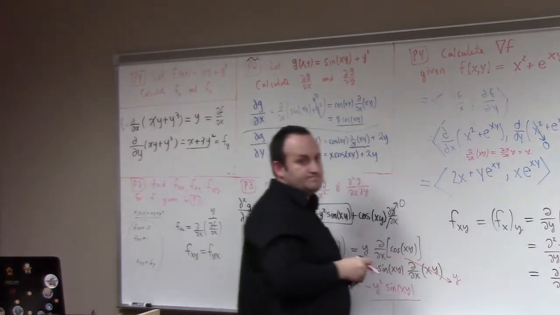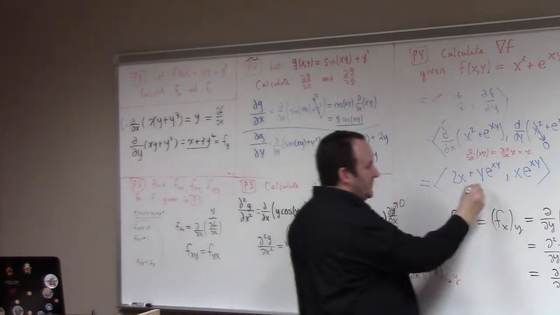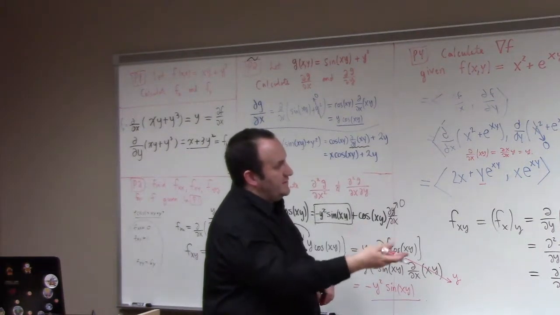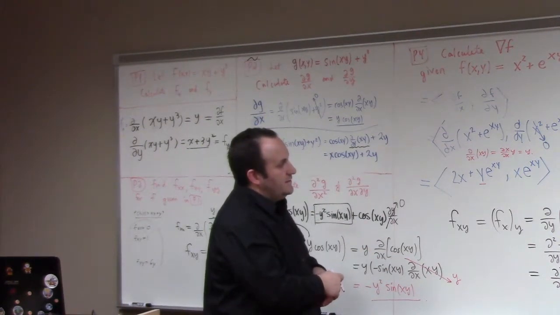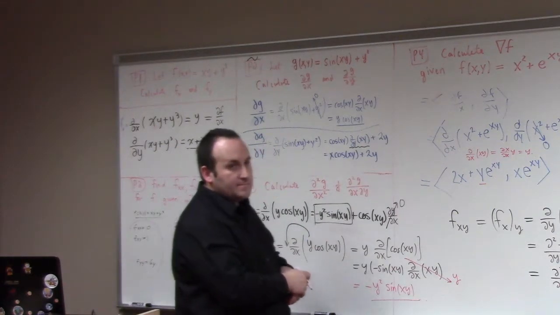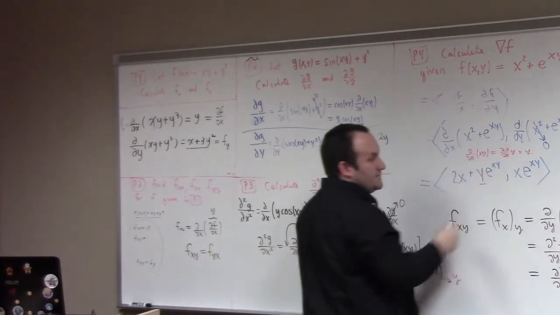Right. So that's why that y is here by the chain rule. Now, the partial y, the x squared goes to 0, and the e to the xy differentiates to x e to the xy. Very good. So again, I'm just quibbling over notation, but it kind of matters.